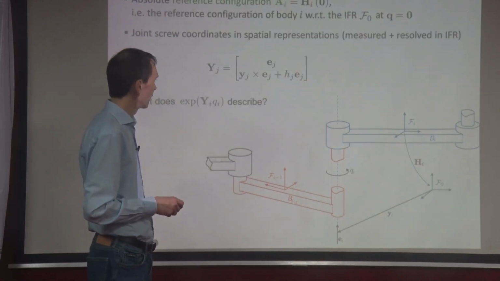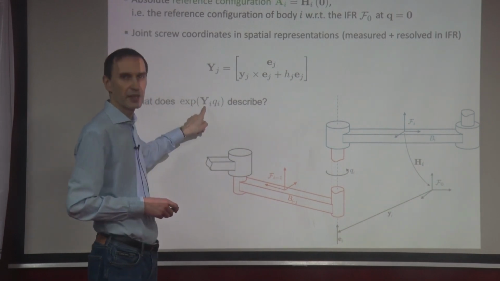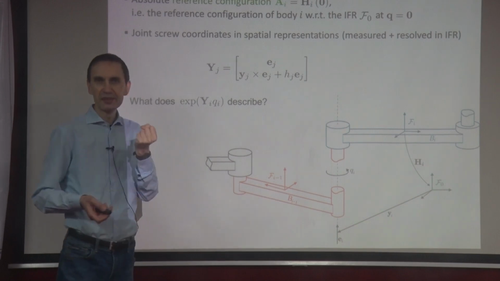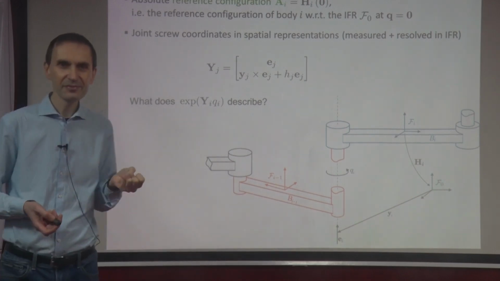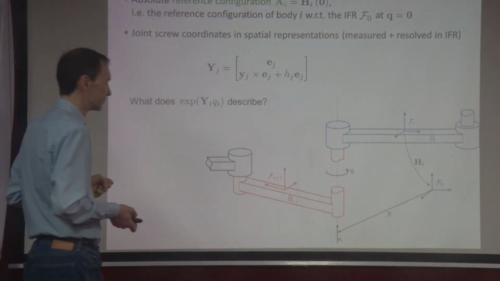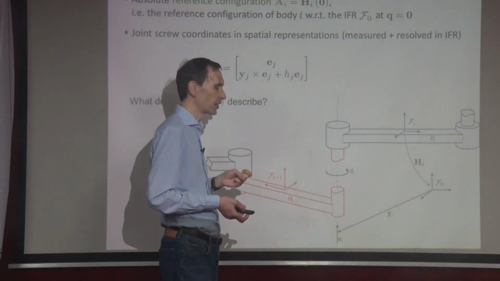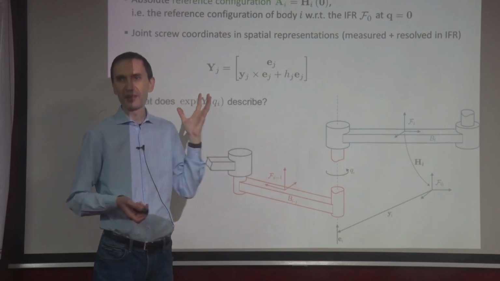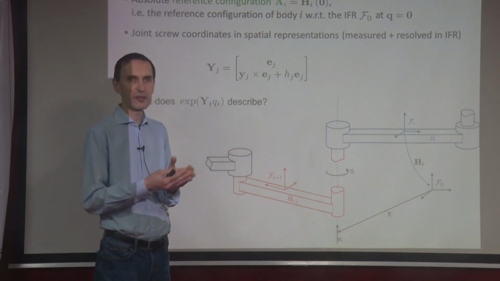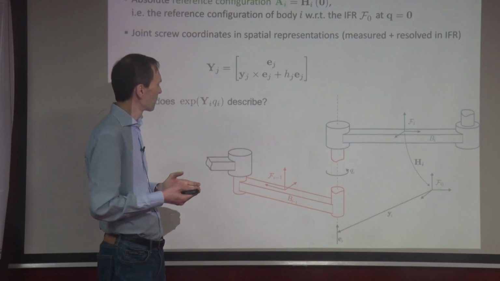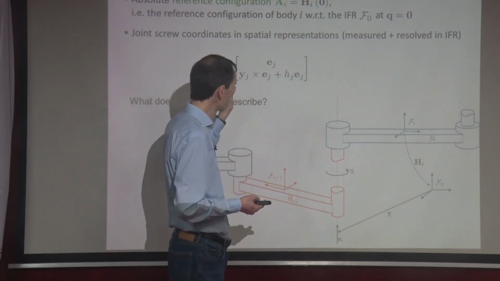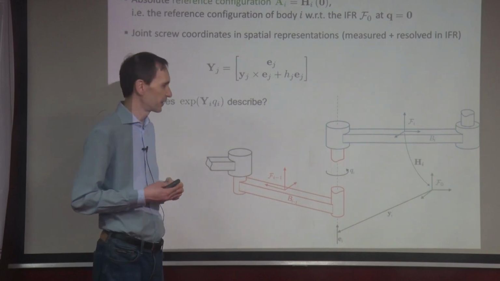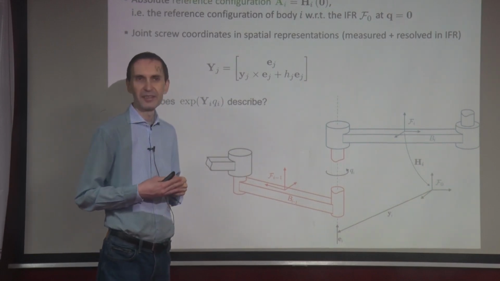Okay, good. Now the question again: what does an exponential of this screw coordinate describe? And that's a bit of a funny outcome for the time being. What is the exponential of this screw coordinate y telling you?